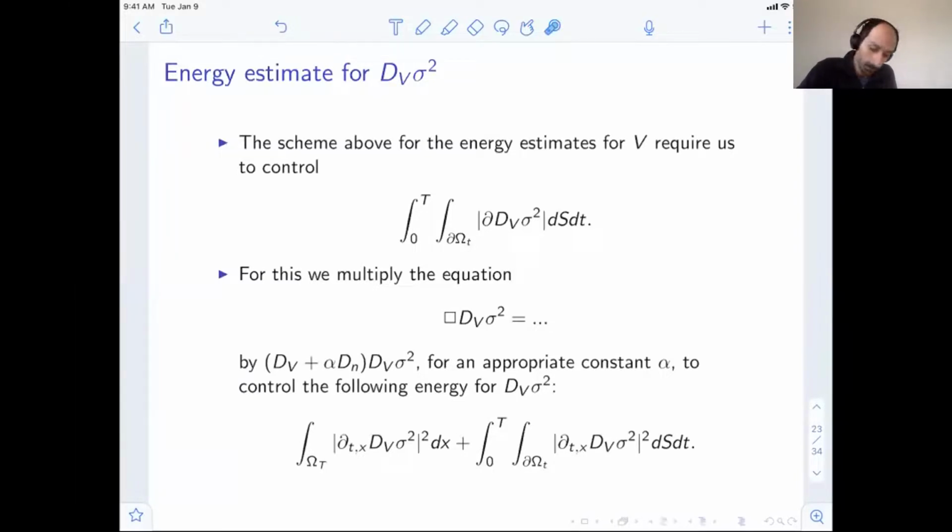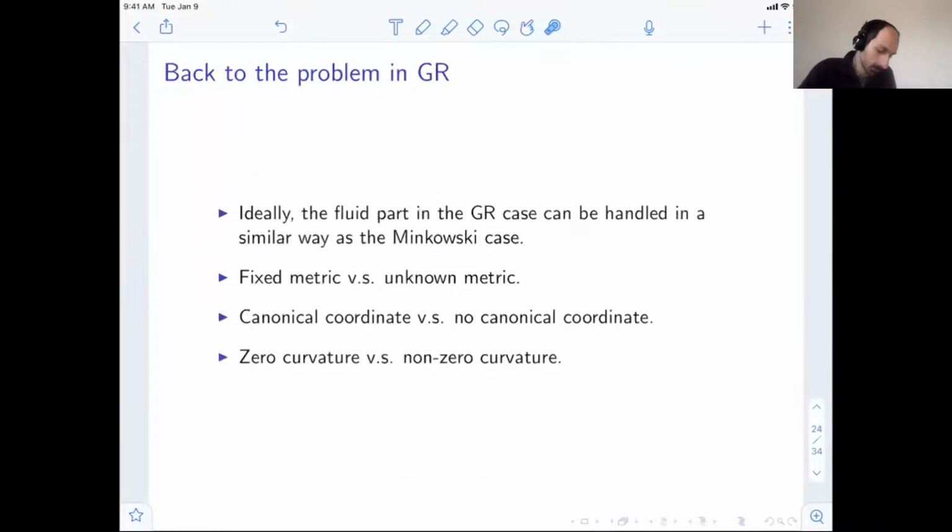Okay, so I said that mainly because I want to now come to the case of coupling to GR, and I want to see what we can do there. Ideally we'd like to set this up in a way that we can at least carry out the fluid part the same way, but maybe the metric part will be a little bit different. Now, what are the difficulties?